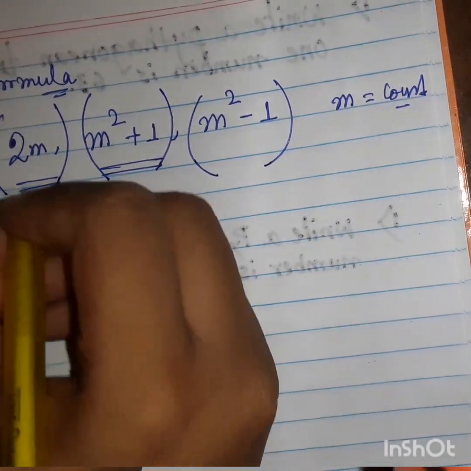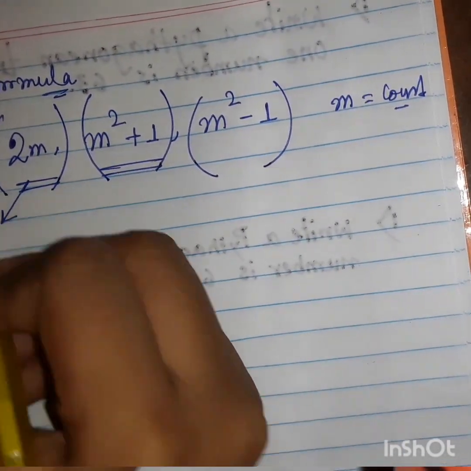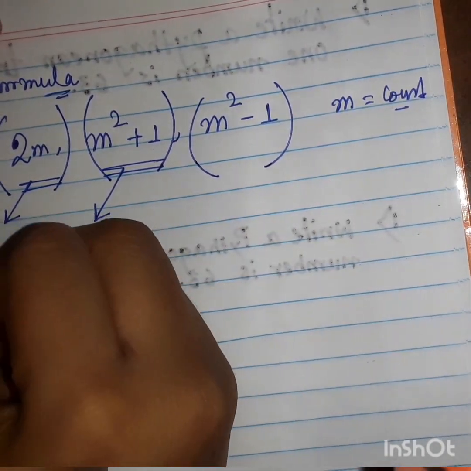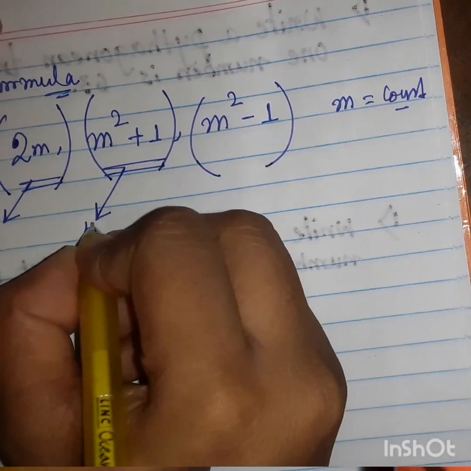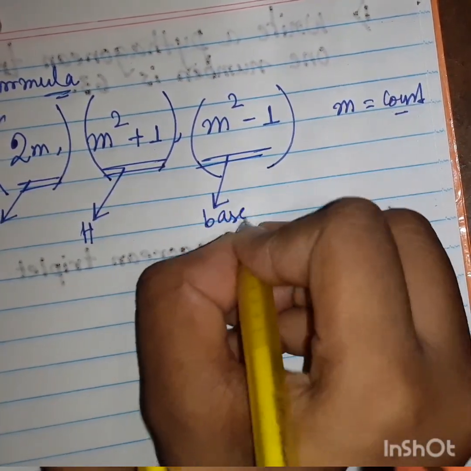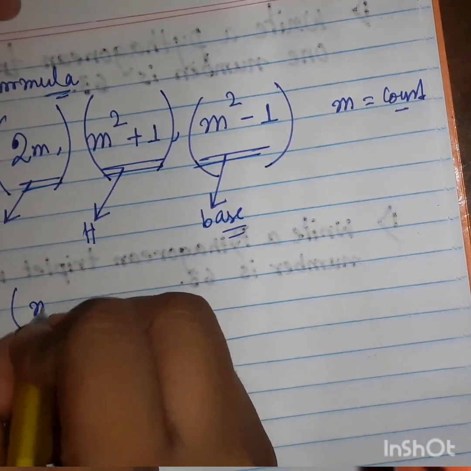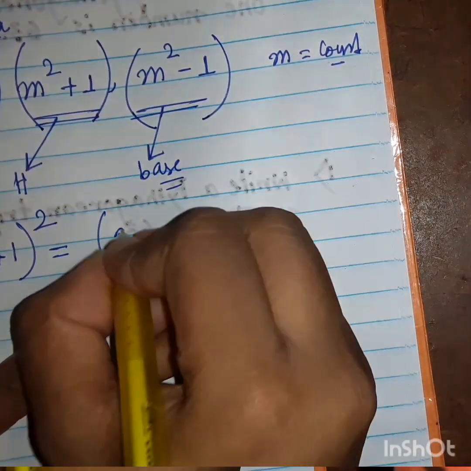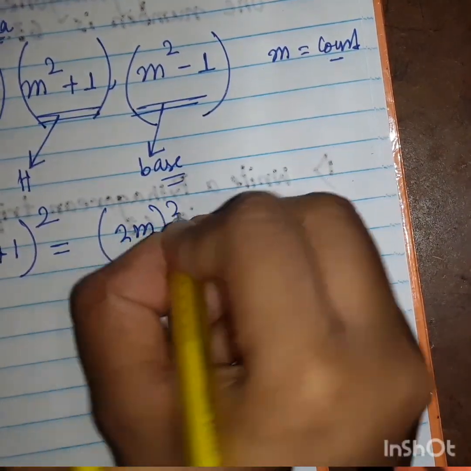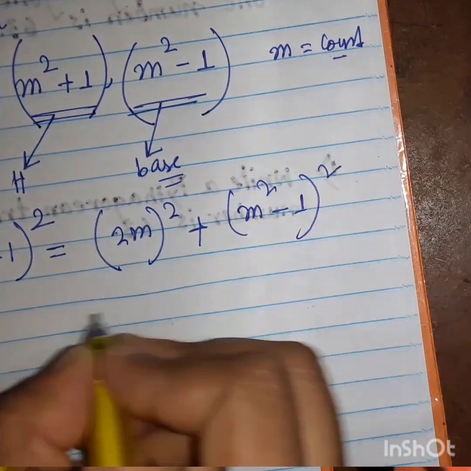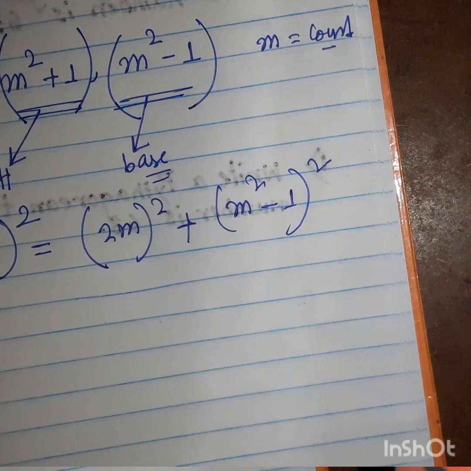How? I want to show you that if this is the hypotenuse of a right angle triangle, this is the height, and this is the base, then m square plus 1 whole square is equal to 2m whole square, that is height square, plus m square minus 1 whole square, and both sides must be equal.